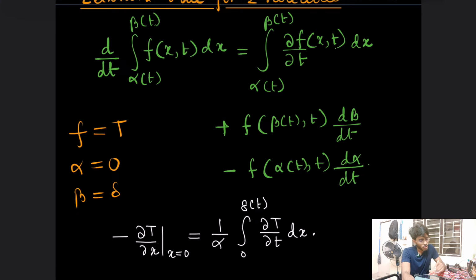If alpha is equal to 0, then this term is equal to 0.